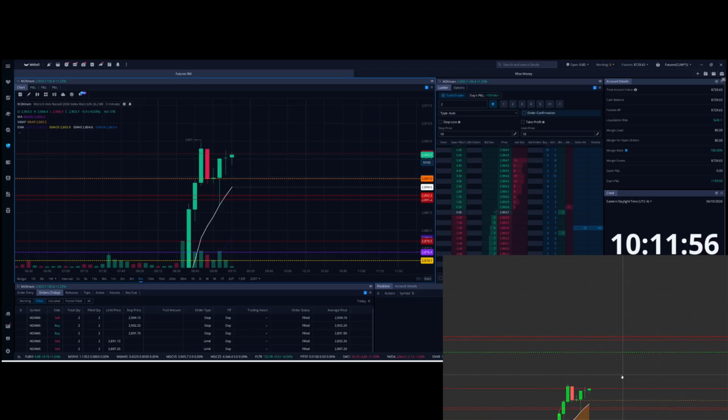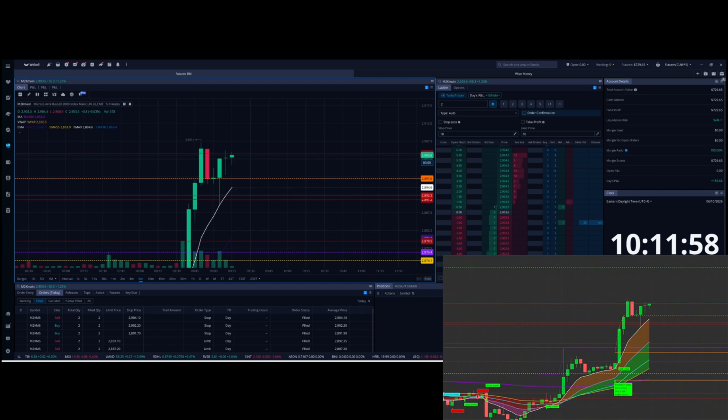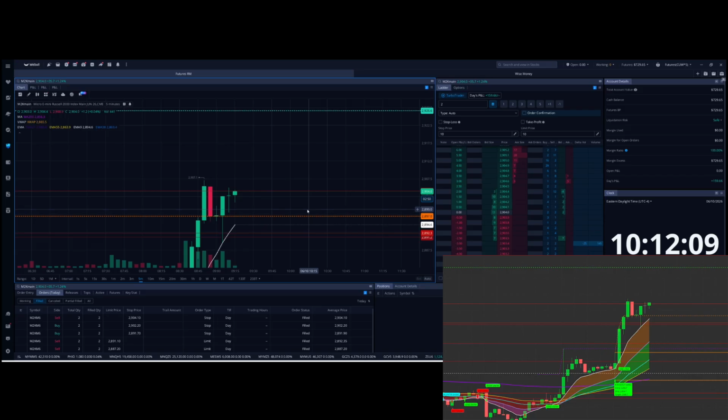But I don't think it's reversing, man. I honestly think we're going to go up here and just take off. But I only got one trade left, so I got to hold this in my pocket. I like it. Get up there and close.